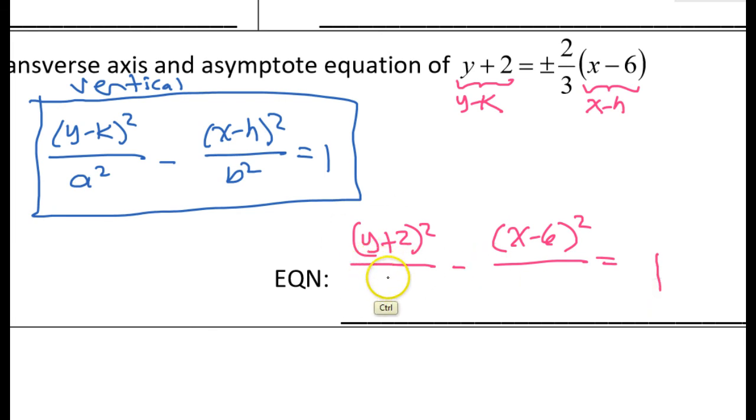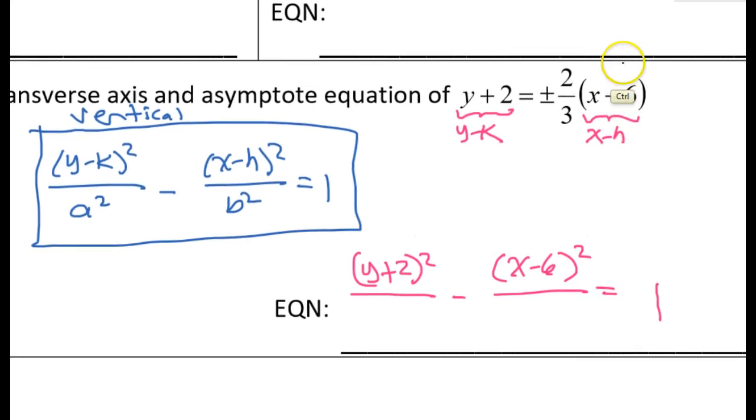Now, all I need is my a squared and my b squared. So look. One of these is a and one of these is b. It's just a matter of which is which. In a way, it doesn't matter. What matters is that you know that the slope, this 2/3, is the slope. And you know that slope is rise over run. So this 2 is the vertical number.